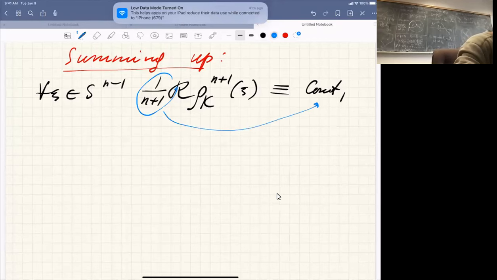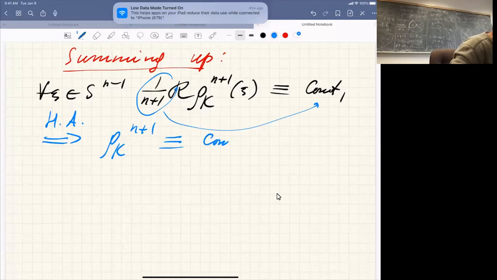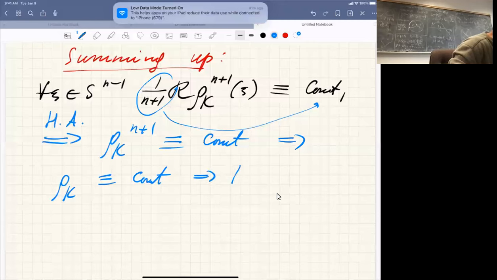And by harmonic analysis, I know that ρ_K^{n+1} is identically constant. And then from this, ρ_K is identically constant. And from this, I know that K is the ball. So this is the beautiful idea of Christos Saroglou.